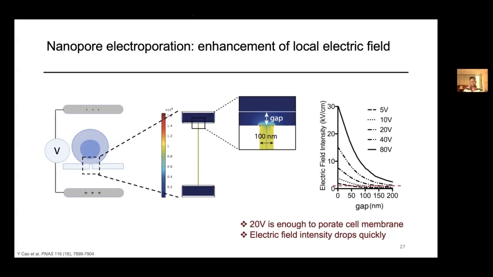The other thing is that the electric field intensity drops quickly as it moves away from the nanopore, which is really important for protecting the cells. Even a cell membrane that is 100 nanometers away from the nanopore will not feel a strong electric field and will remain intact.